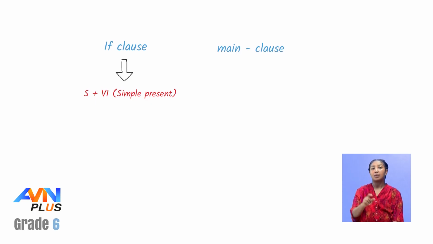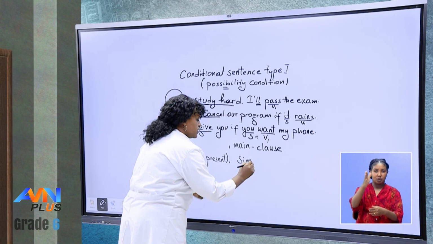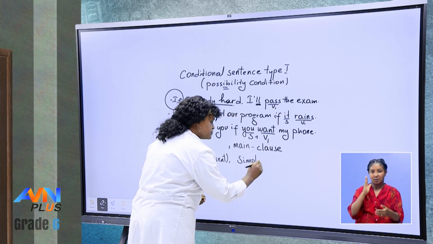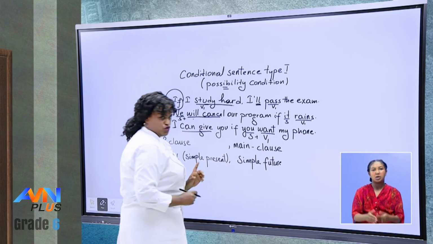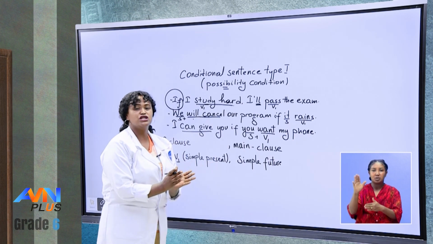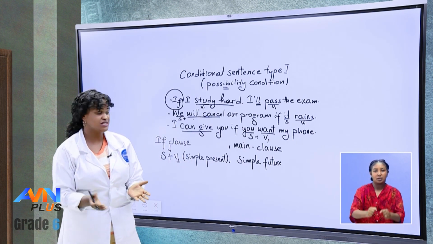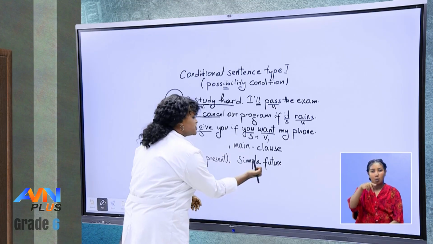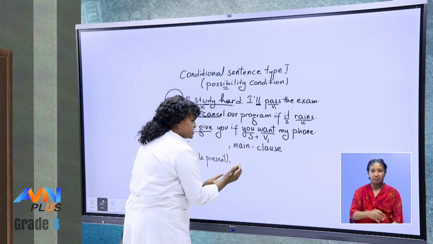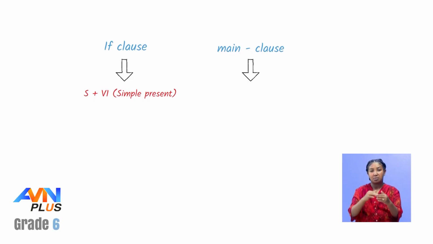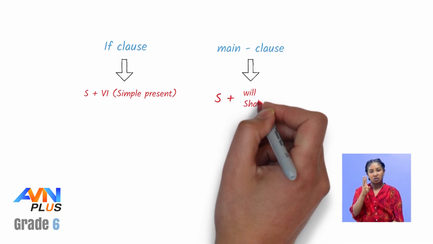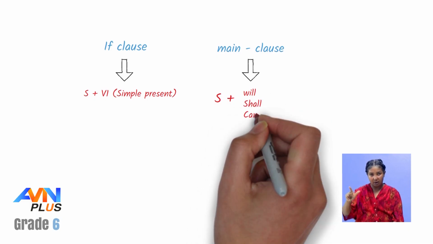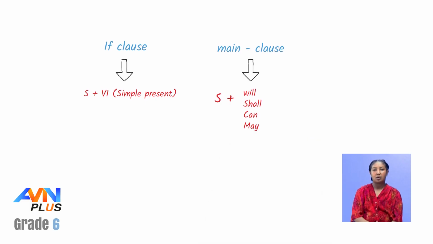So what comes in the main clause? Look, the main clause becomes what? Simple future. I would love to say, instead of saying simple future, since sometimes we can use the possibility modal auxiliaries, it's better to say like this: subject plus will, shall, because I want to include can and may.